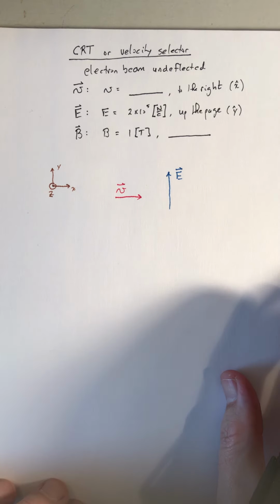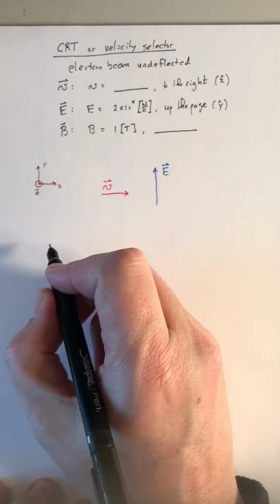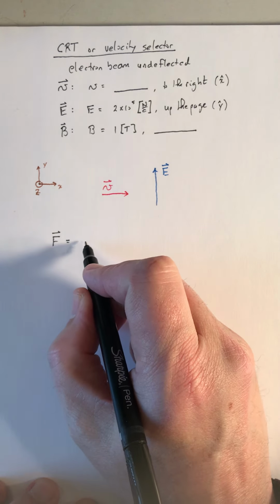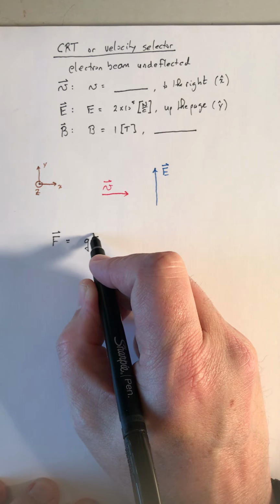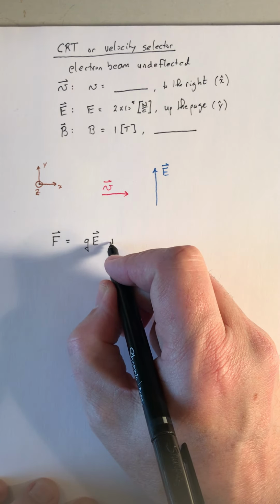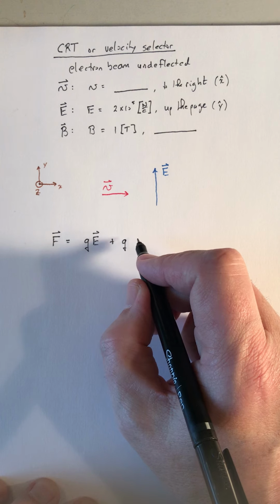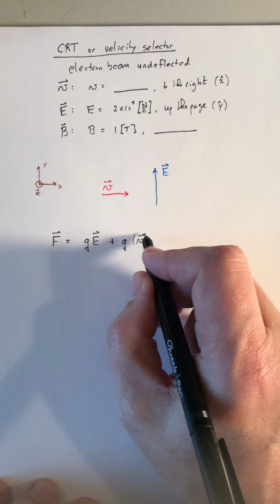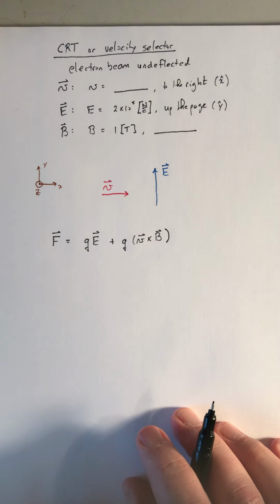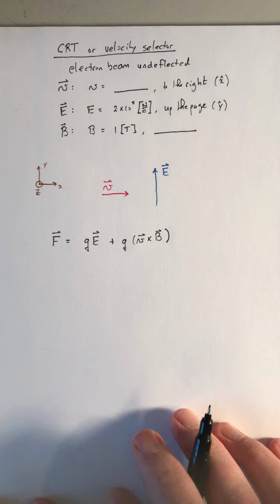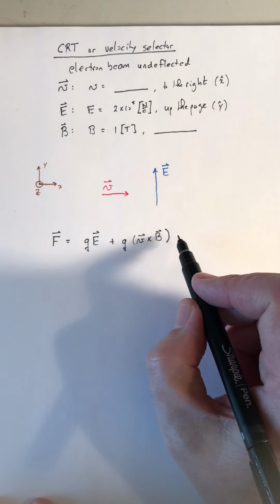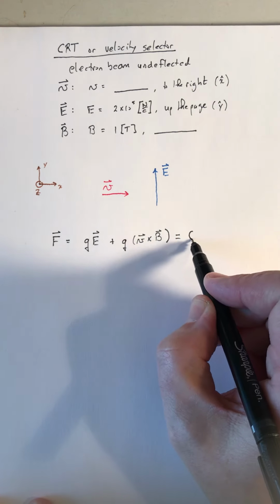So there are two forces that are going to be acting on the beam of electrons. So we can write out an expression for that net force. Part of it is a Coulomb force, so Q times the electric field, and then part is magnetic force, which would be Q times the vector cross product of V cross B. We want those to sum to 0.